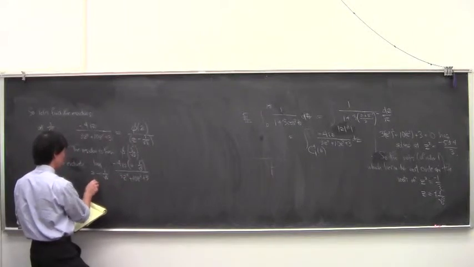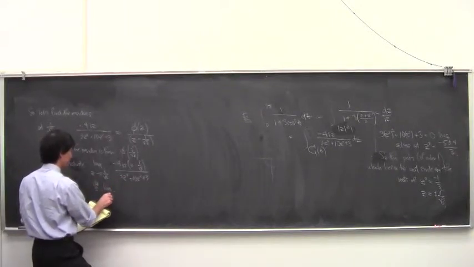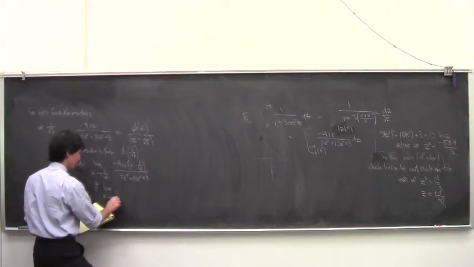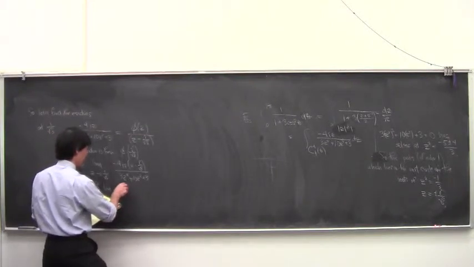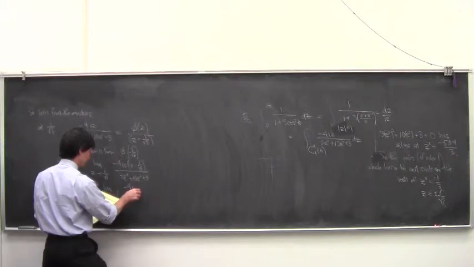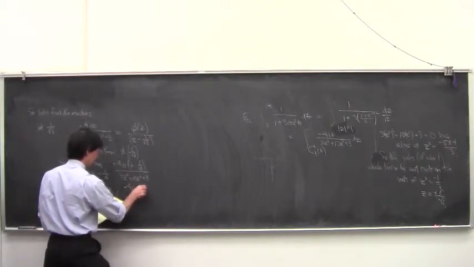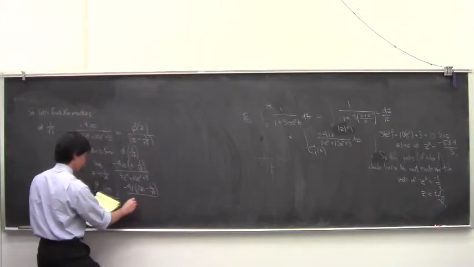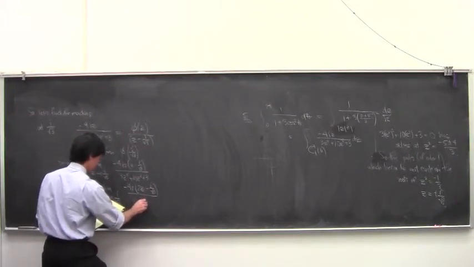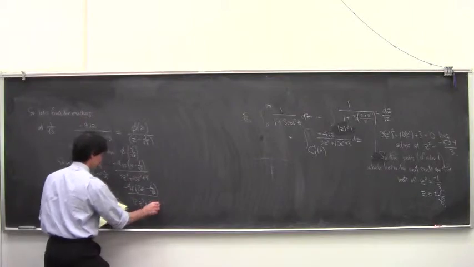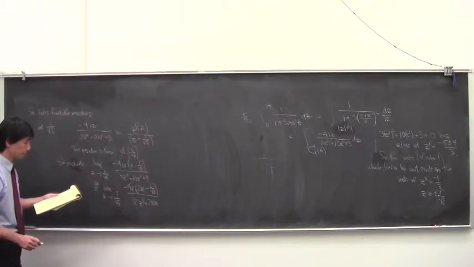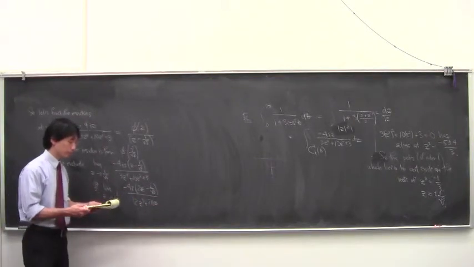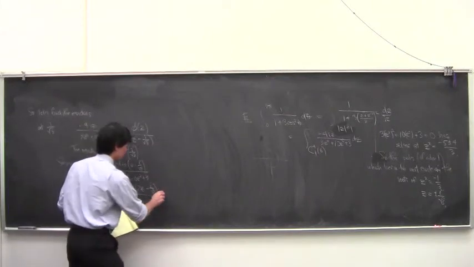By L'Hopital's rule, when you work it out, you end up with -4i times (2z minus i over root 3) over (12z cubed plus 20z). And then you just evaluate it, and it turns out to be -i over 4.